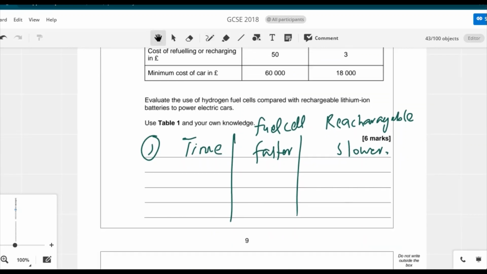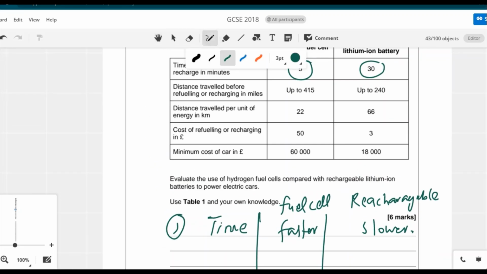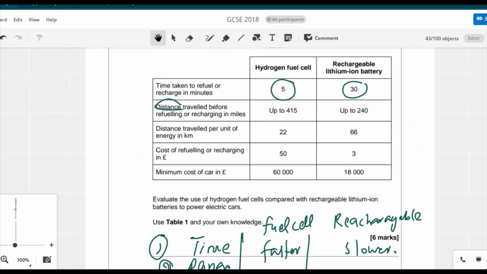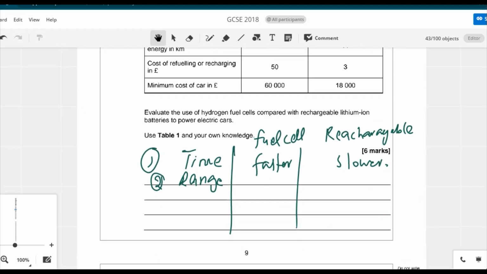Now the second one: we are going to compare the distance or range. So we need to write here range. When we compare the range, we see that the fuel cell has a greater range compared to the rechargeable lithium ion battery.